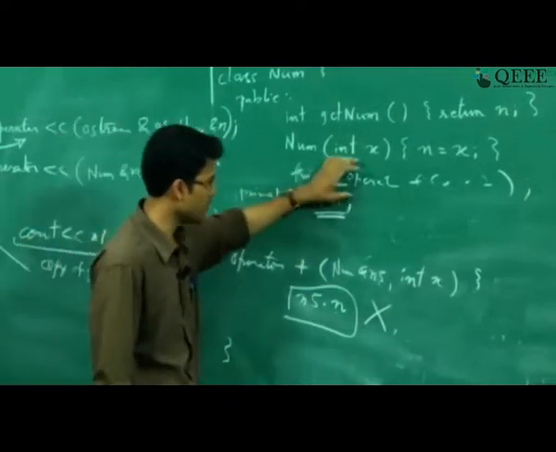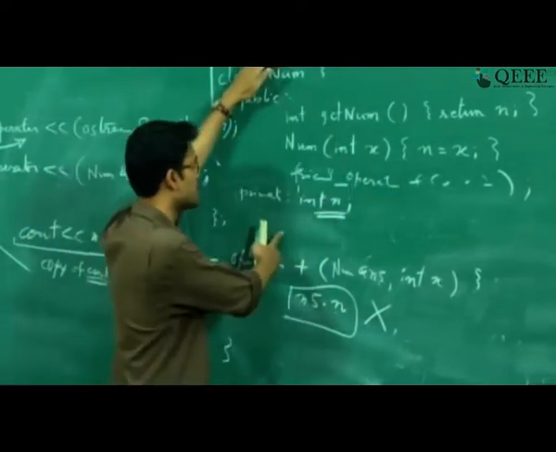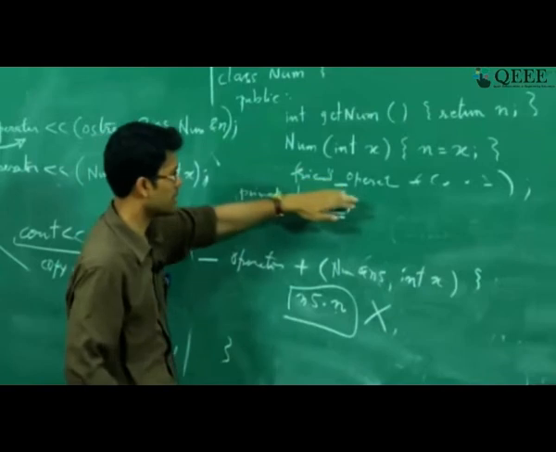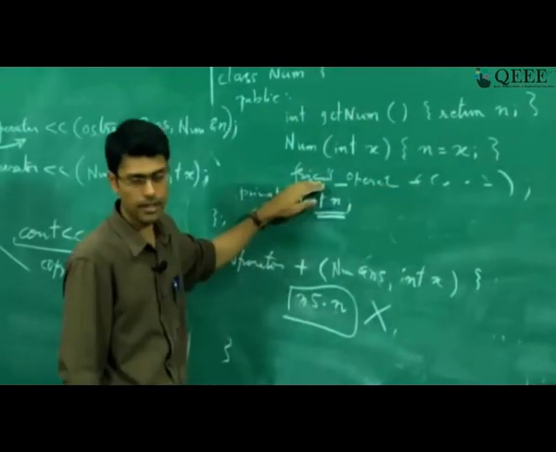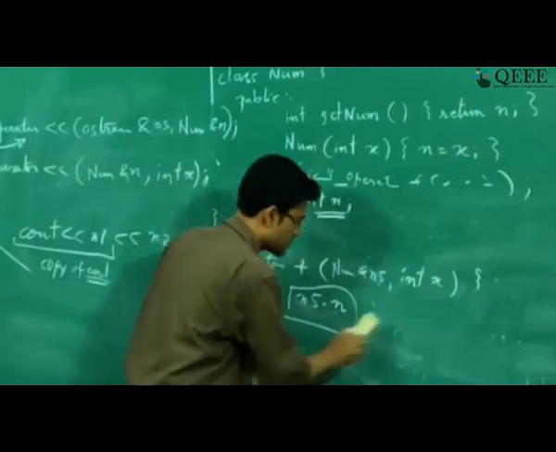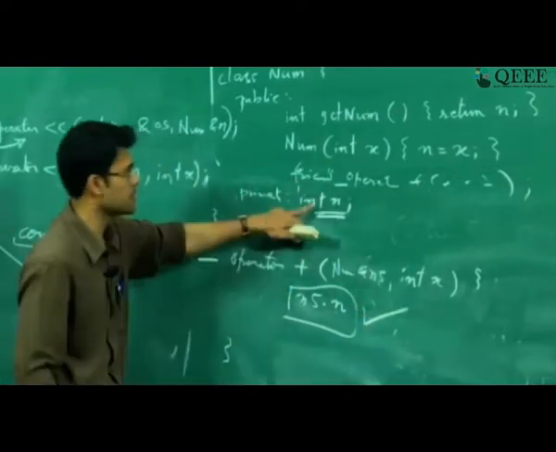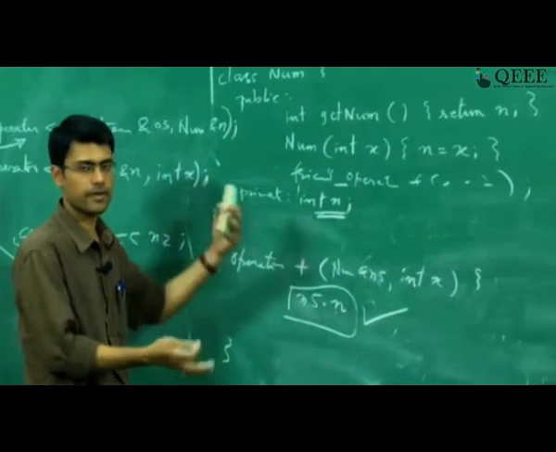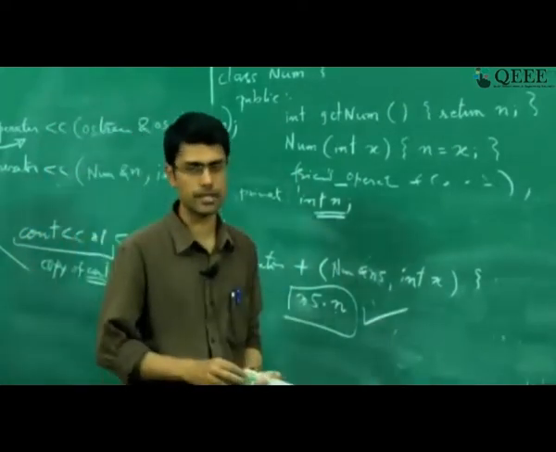The class designer will say to the compiler that yes, this operator plus is my friend, and therefore this operator plus is allowed to access the private variables of this class. Right? So that is the difference between the usual operator function and the friend function.